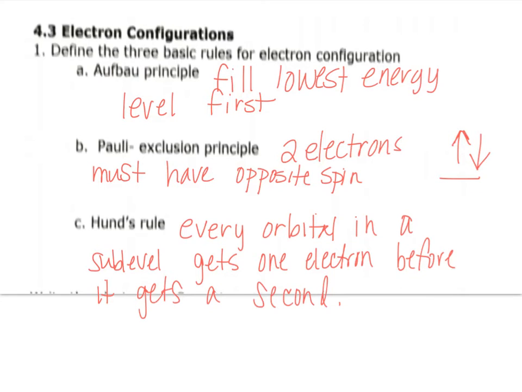And then the last one is Hund's rule, and Hund's rule is the one that states that everybody gets 1 electron before they can get another one when you're in the same orbital. So let's say I was filling a 2p over here, and I had 4 electrons to put in there. I would say 1 up, 1 up, 1 up, and then I would give a second one down.